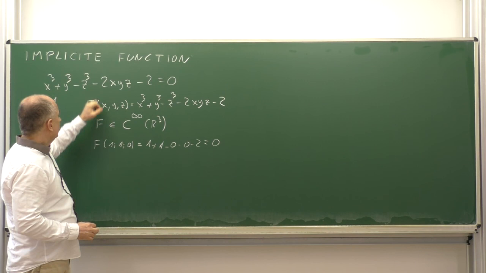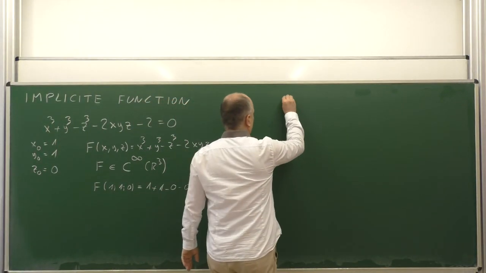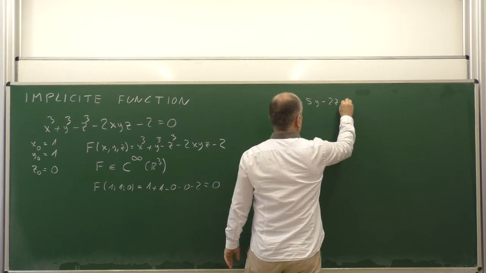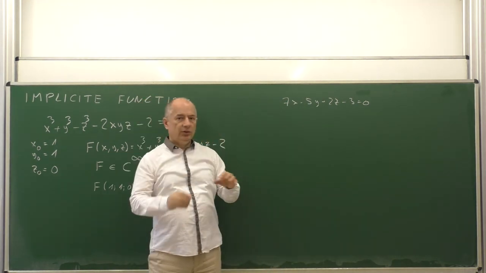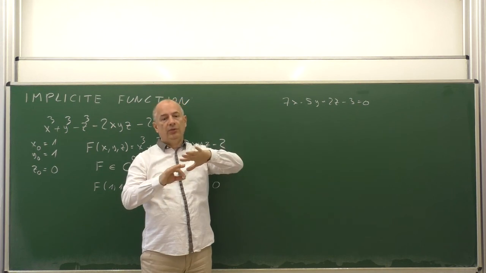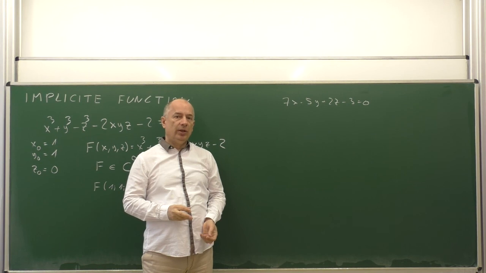If the expression were linear, something like 7x minus 5y plus 2z minus 3 is 0, then this is the general equation of a plane, a two-dimensional surface in a three-dimensional space.